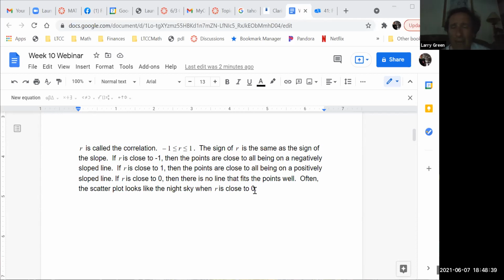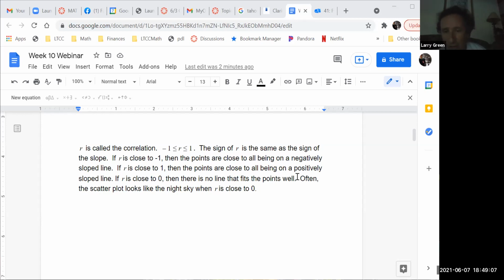The other time you'll see a correlation that's close to 0 is if the points lie in a parabola, for example, then they don't fit a line at all. They go down, then up, right? Or up, then down. So sometimes you'll see them on a parabola and that's still an R close to 0. But more common is when they're just literally all over the place with no trend whatsoever.